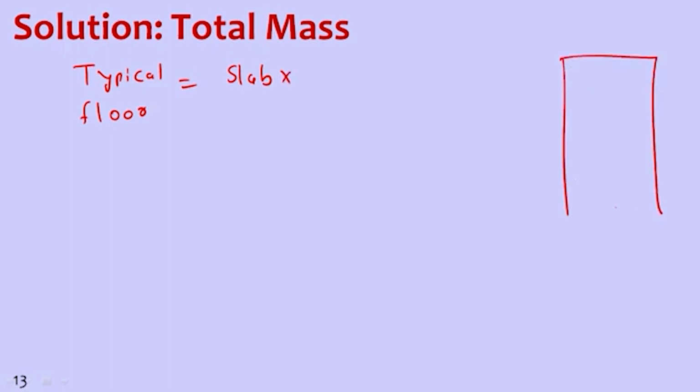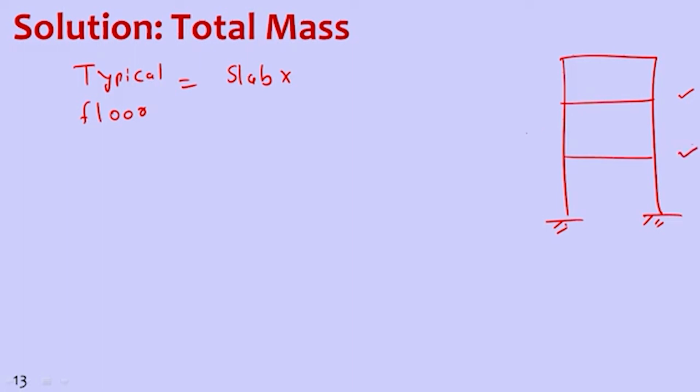So let us see how to calculate the mass of a typical floor. We have the entire mass of the slab. Suppose this is our building under consideration. We are talking about this one.